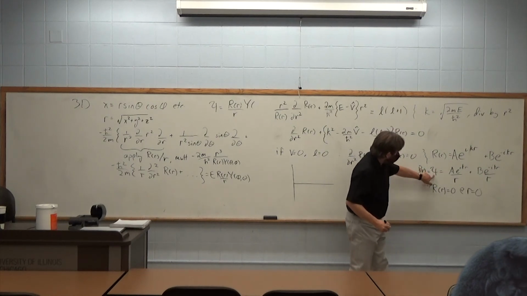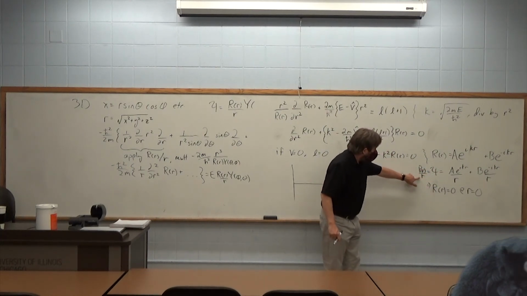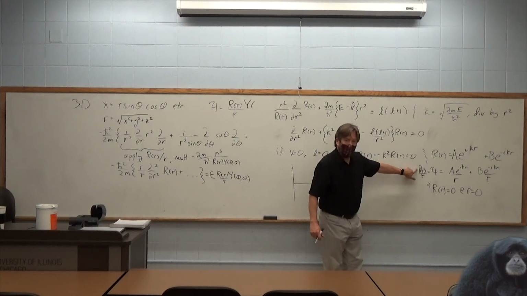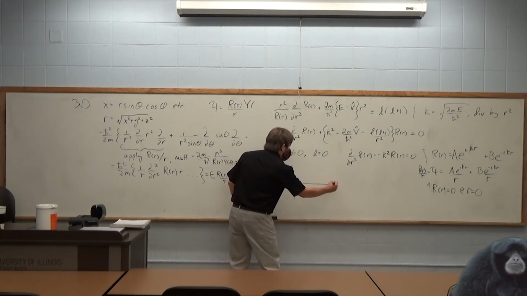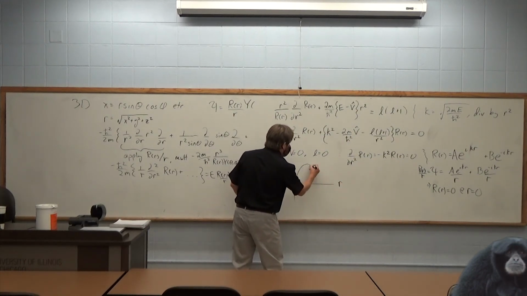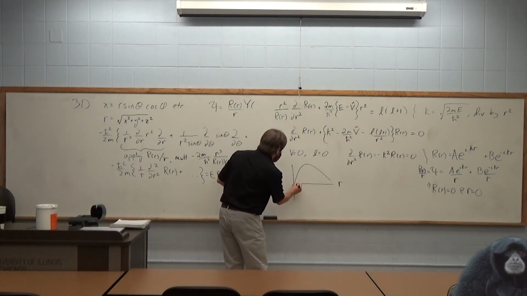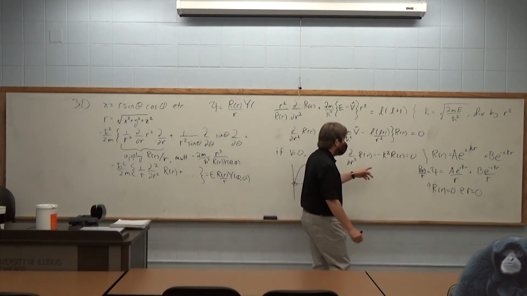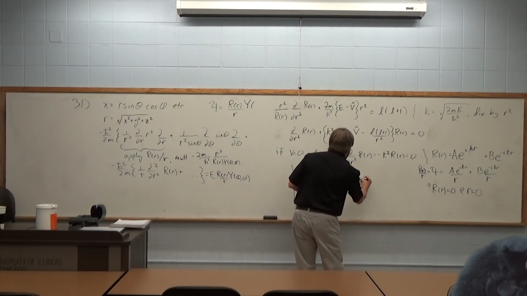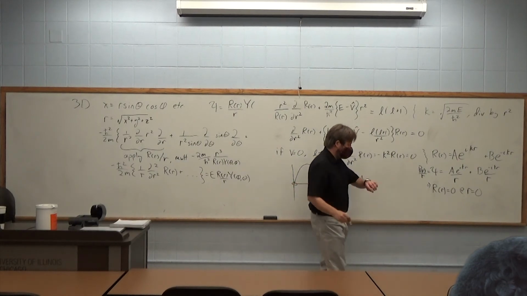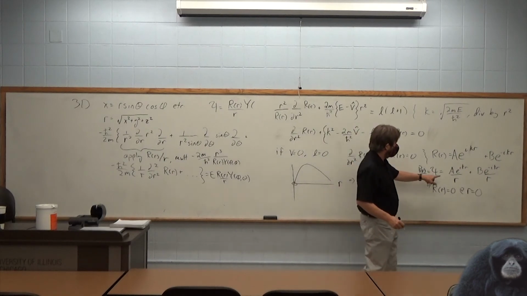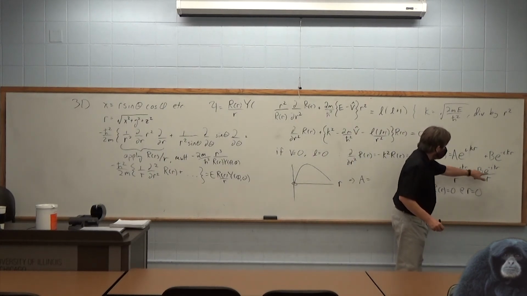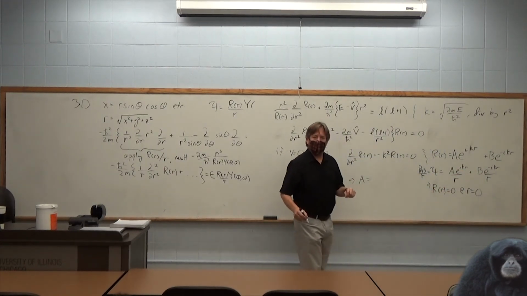R over r is the wave function. So if r is 0, this top part better be 0, because otherwise you've got a major problem, an infinite wall. That means it actually has to look something like that. If that's the case, what's the relationship between A and B? A plus B is equal to 0.